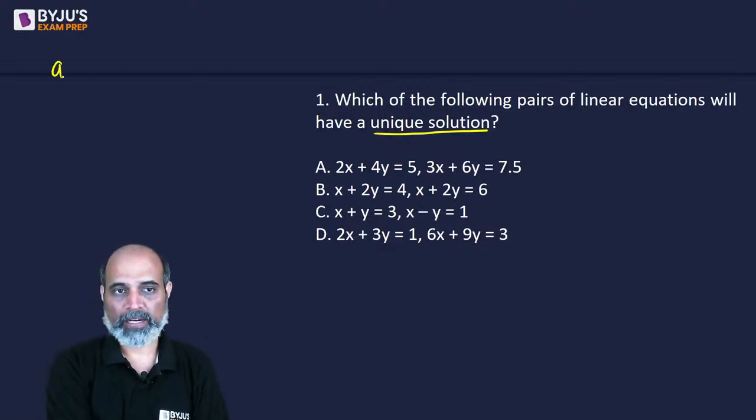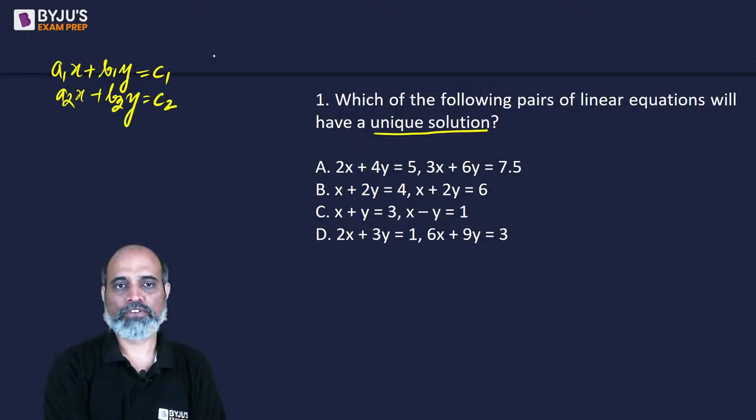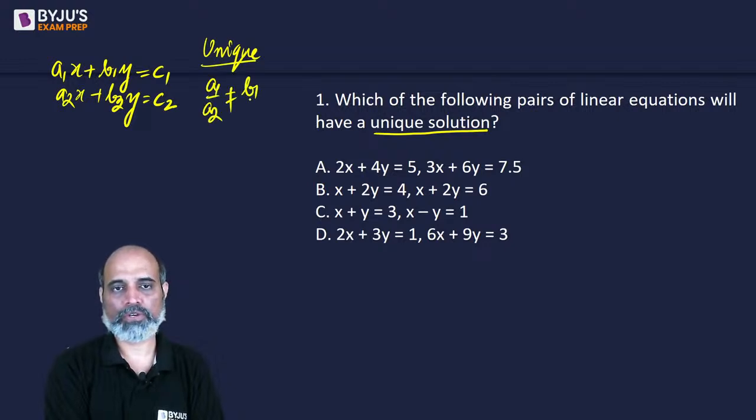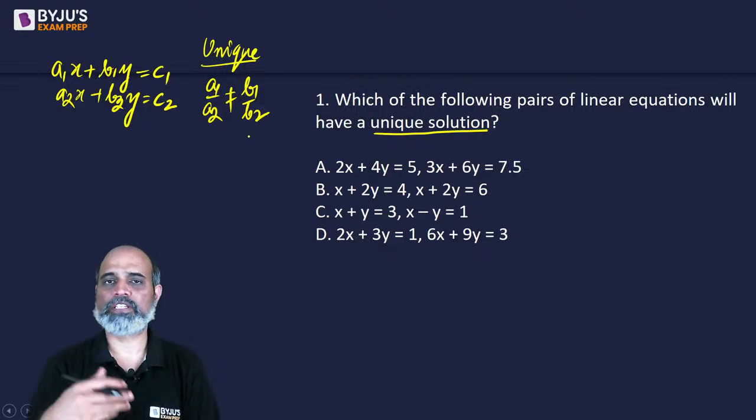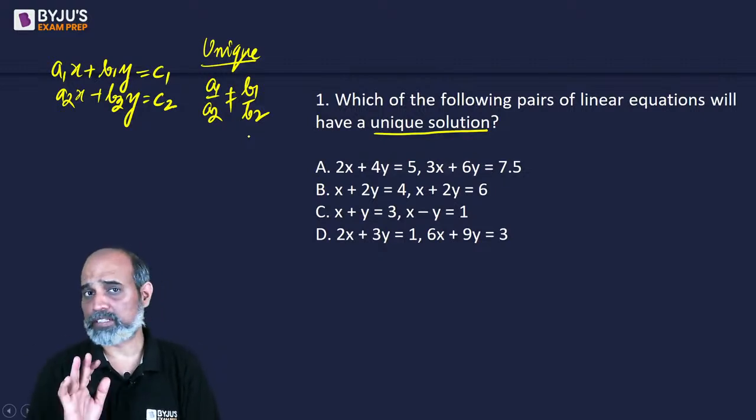So the standard format is, if you have a linear equation of the form a1x plus b1y is equal to c1 and a2x plus b2y is equal to c2. For unique solution, the condition is a1 upon a2 is not equal to b1 upon b2. Whether it is further equal to c1 upon c2 or not, it doesn't matter.